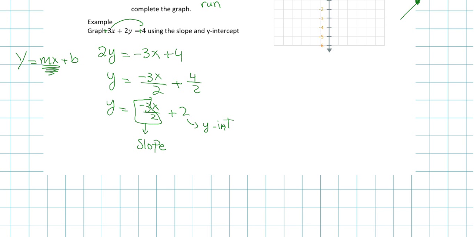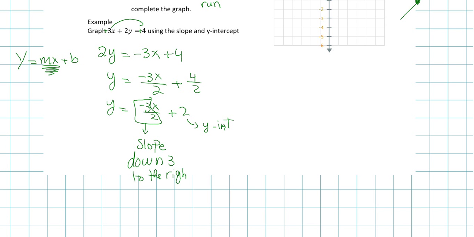Negative 3 over 2. So your rise is negative 3. What does that mean? You go down. You're going down 3 and over 2. You're always going to the right 2. So that means you're going down 3, to the right 2.